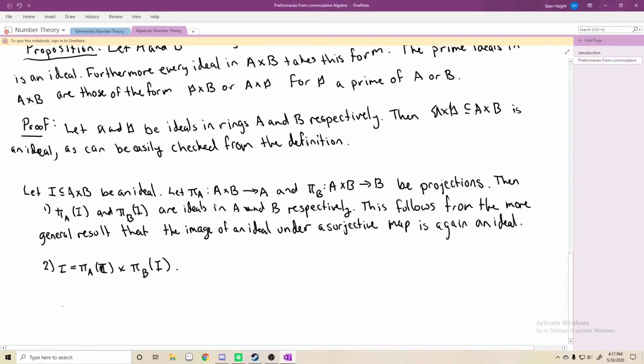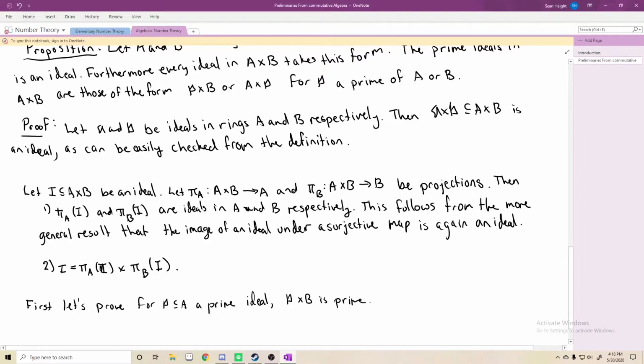I think I just thought of a possibly different way to prove this using the correspondence theorem, or at least one direction of this. First, let's prove, for P a prime ideal subset of A, that P × B is prime.